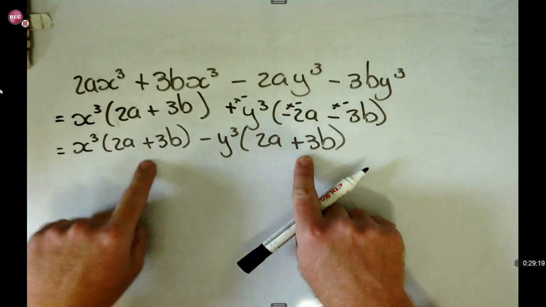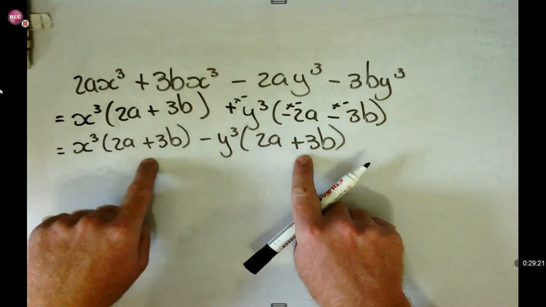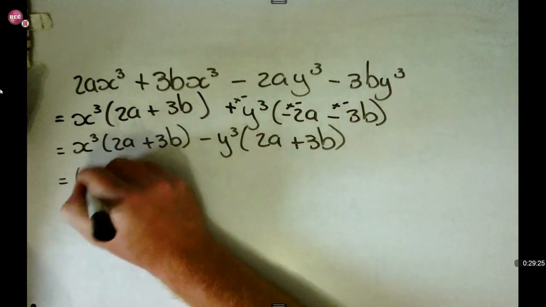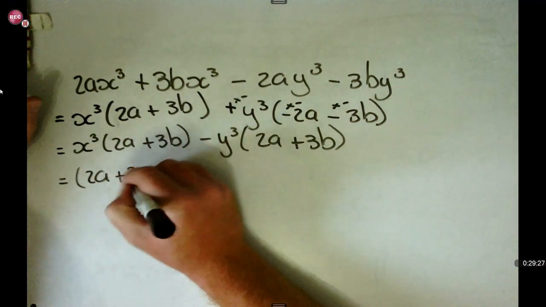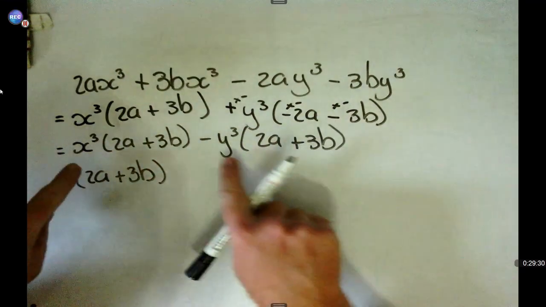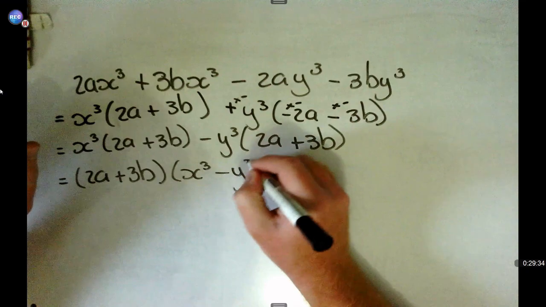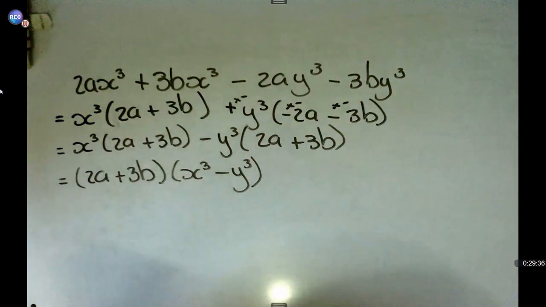Okay, now because these two are the same, we take them and we write them as one bracket, which is 2a plus 3b. And then these two are written in one bracket. Just like you would do when you are applying grouping factorization.